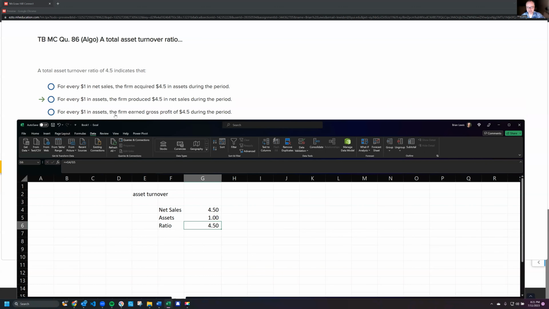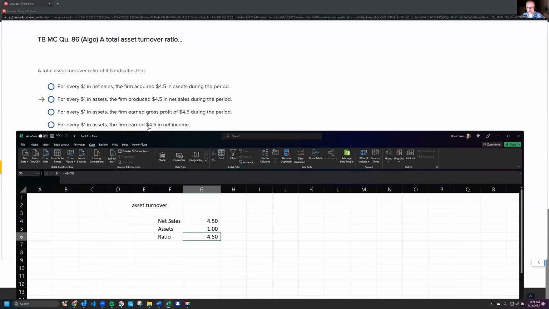For every 1 in assets, the firm grossed 4.5 in gross profit. Well, even if this was 4, this would be similar to this one, but it'd be focused on gross profit, and most things aren't. This turnover ratio isn't usually termed in gross profit, so I'd say no. For every 1 in assets, the firm earned 4.5 in net income. Usually not, same type of thing.